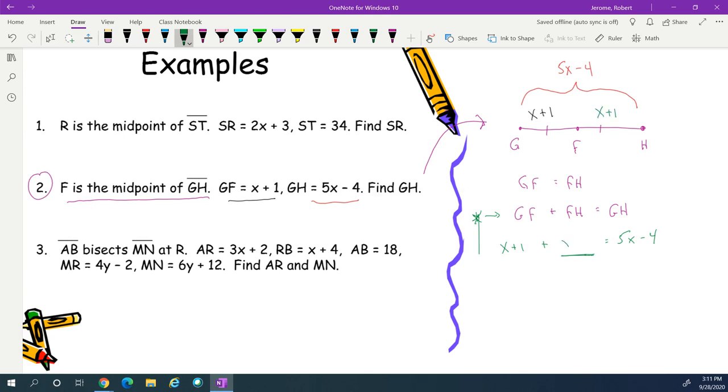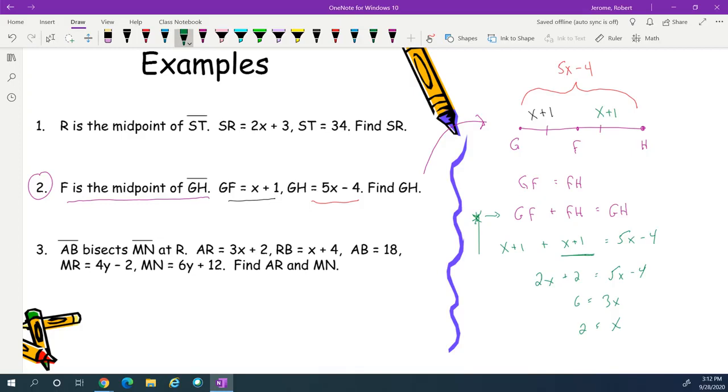That's what we're going to put there. So we're using our knowledge of midpoint and bisect to say, if you gave me this one, now I know that one. Algebraically, what we're going to do here is add the two little ones to get the big one. So segment addition. 2x plus 2 equals 5x minus 4, 3x equals 6, and x is 2.